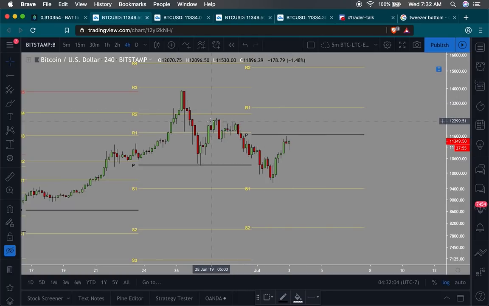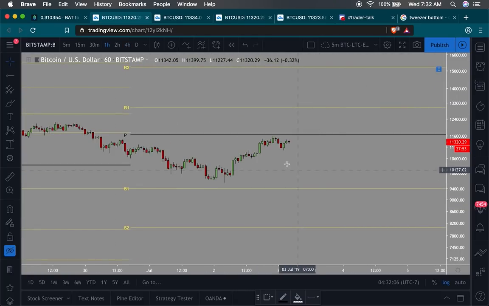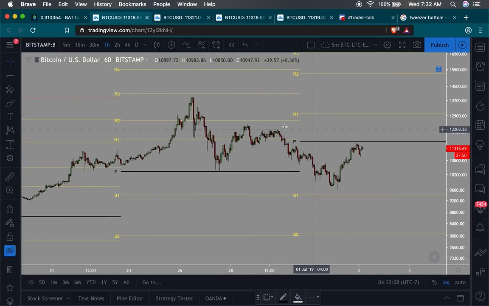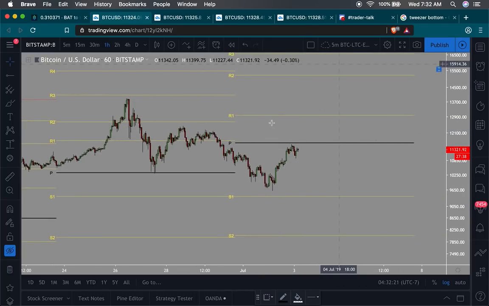I would actually say that probably this lower high right here around 12,400, 12,500 will also pose us a decent amount of resistance. But if you just go from pivot to resistance, I would say this is a good way to go about trading as well.